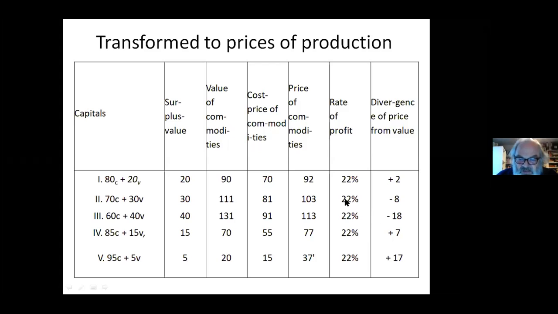So that what this shows, what Marx argues, is that surplus value is no longer equal in quantitative terms to profit when you look at it by sector. It is as a totality, but it is different sector by sector. And it's different according to whether that sector's a high or a lower than average organic composition of capital.